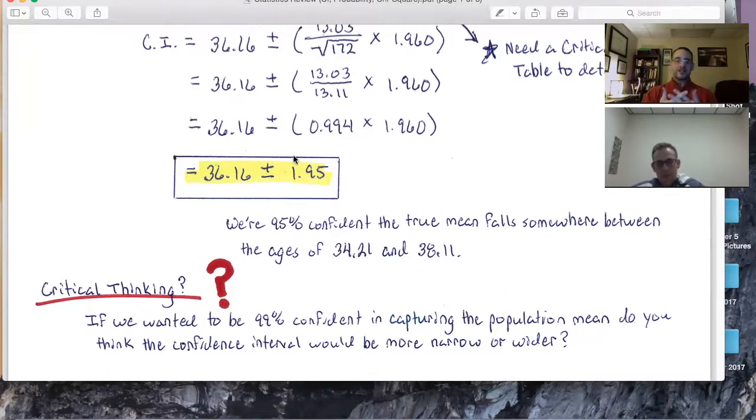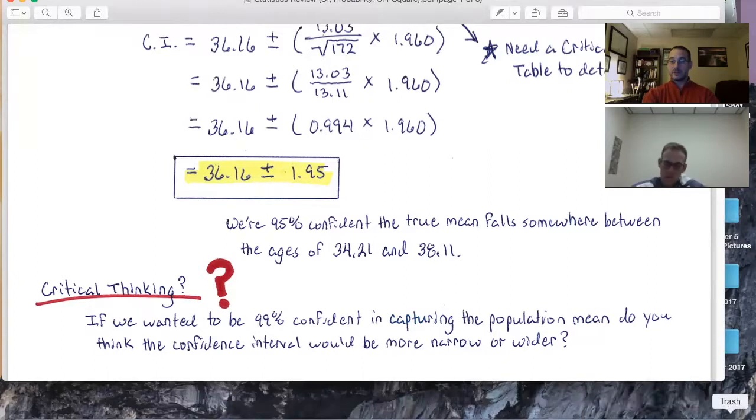So you might be asked in a statistics class maybe to find a 90% confidence interval. Usually it's going to be like 95% or higher. So maybe 95% confident, 99% confident, or even 99.9% confident. Especially in the social sciences, there are 3 alpha levels.